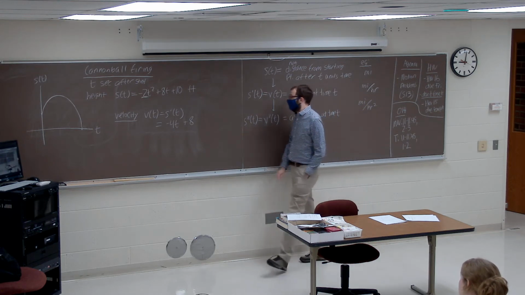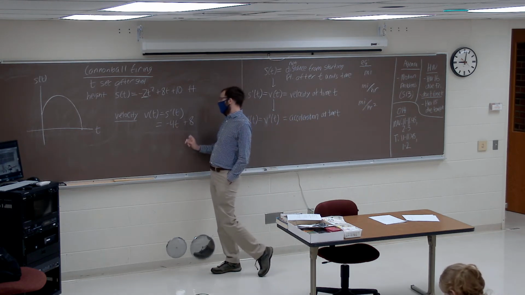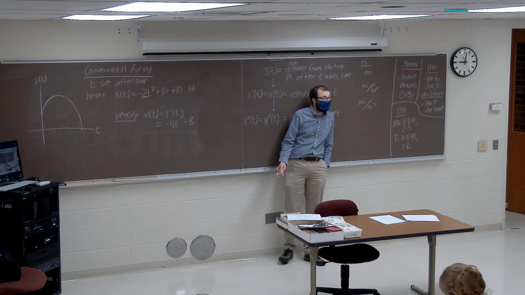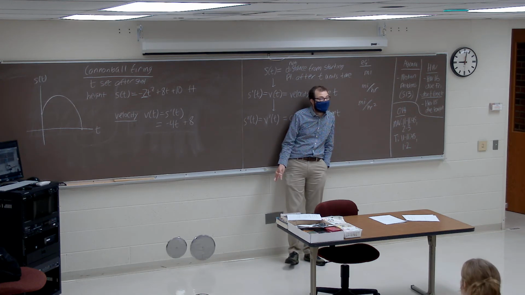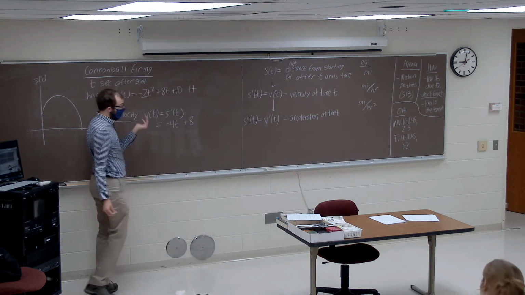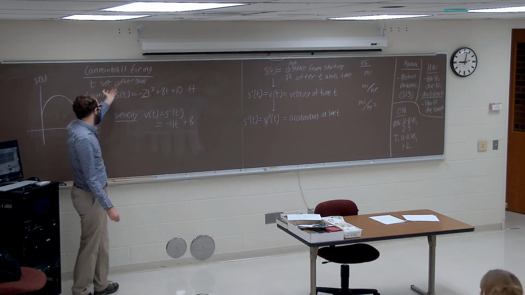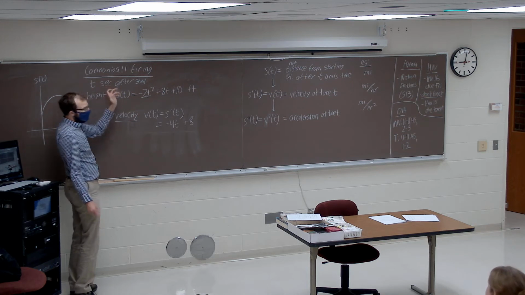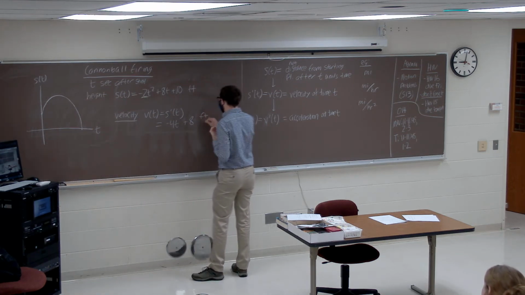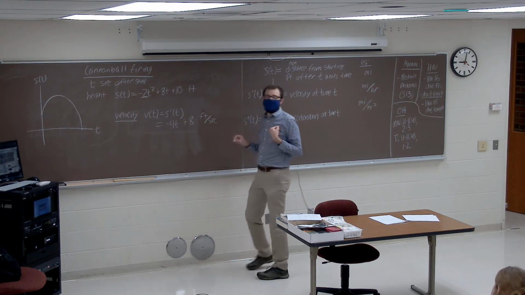So we could say that our velocity is going to be given by negative 4t plus 8, which should be our unit. Rachel? Feet per second. Yeah, since our height function was measured in feet, our time measurement is given in seconds, our velocity should probably be measured in feet per second.